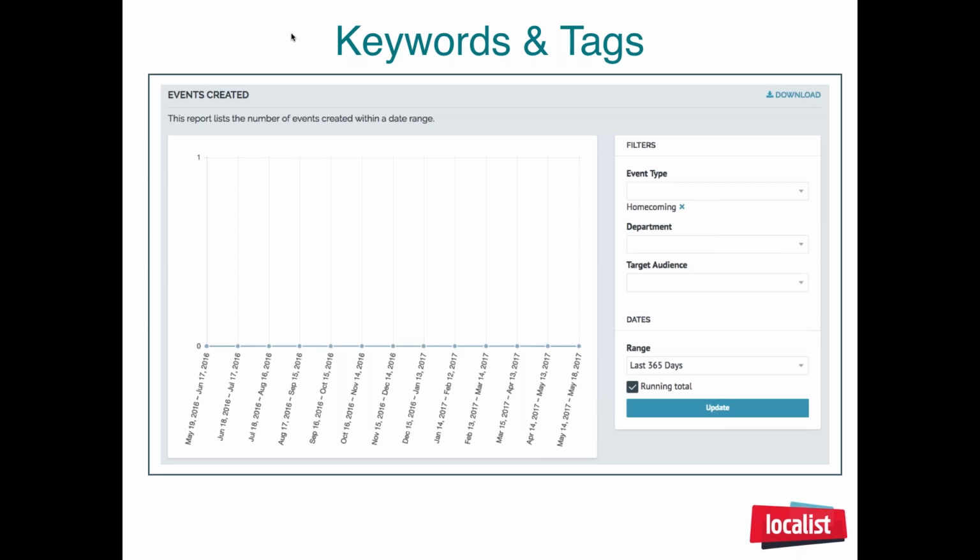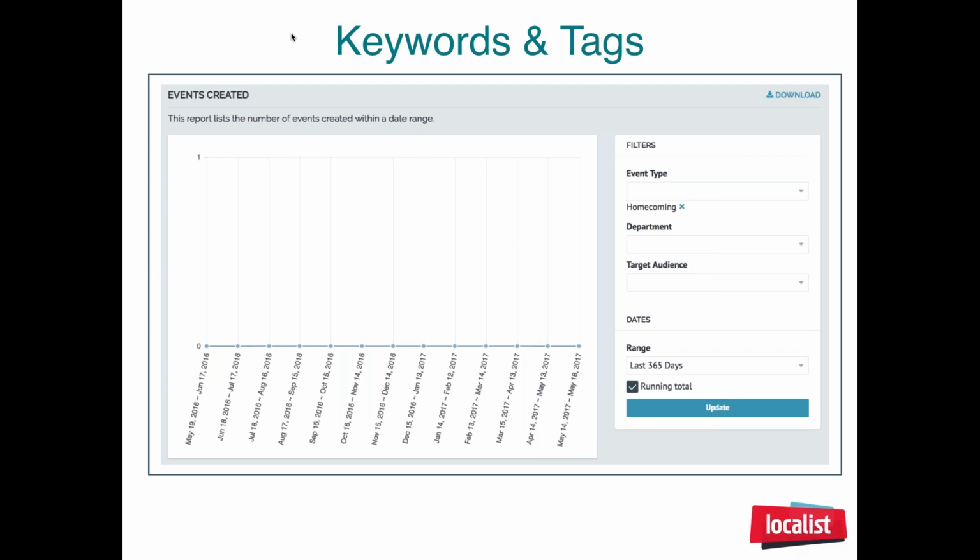If it's only serving your users for the minority of the year, then it's inhibiting their experience for the majority of the year. But don't worry, to cover these common scenarios, Localist provides keywords and tags. These tools allow you the same functionality of a filter, where they connect events and you can even subscribe to a feed or build a widget. They just don't contribute to that overall length.